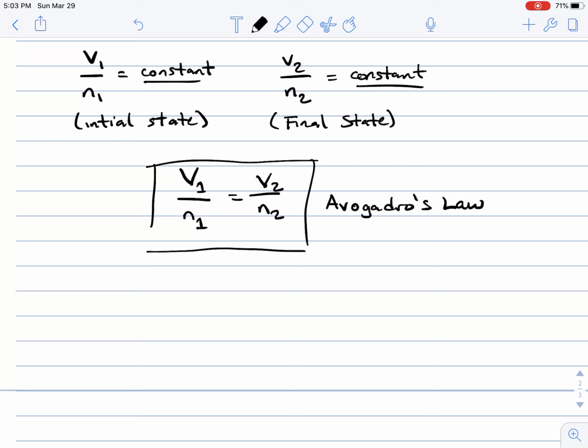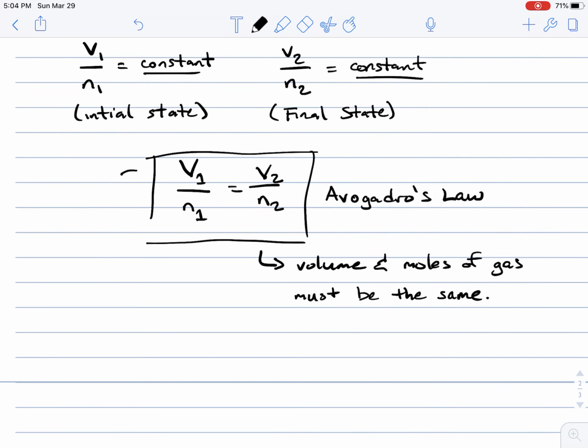So in terms of the units to keep track of, both volume and moles of gas must be the same. In other words, if V1 is in liters, V2 must also be in liters. If V1 is in milliliters, then V2 must also be in milliliters.